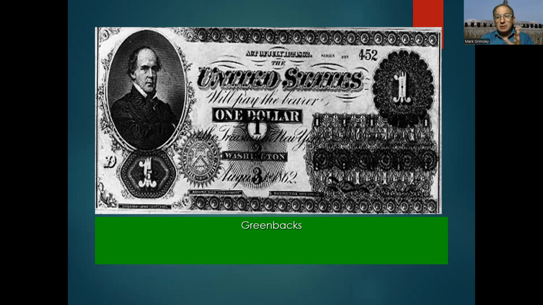And the great thing about these bonds was that they were intended to be purchased by even ordinary people. It used to be that only big investors would buy bonds. And what a bond is, the government says, hey, we need money. We want you to loan us your money. We'll pay it back at interest, and so forth. And the way that the Union government did it was, hey, we will pay you back 7% interest in gold.